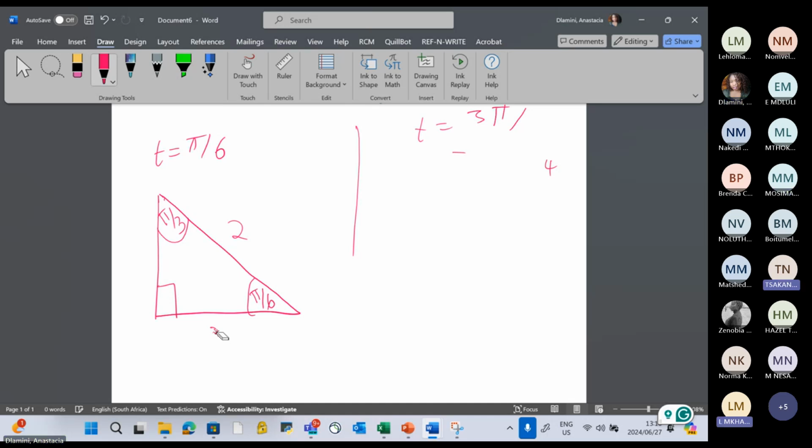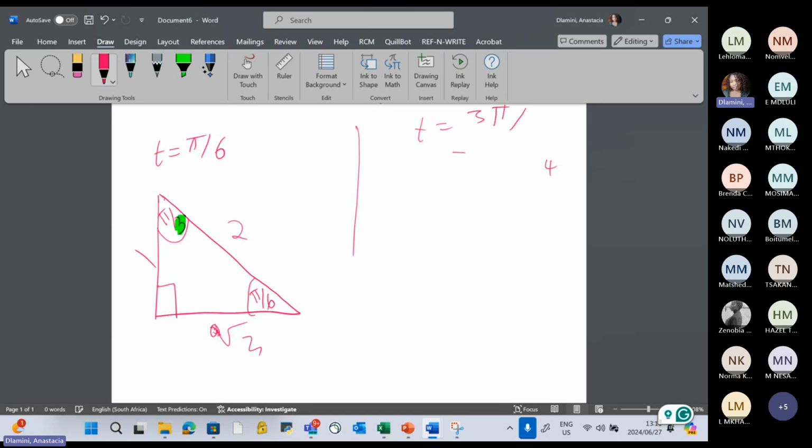It's 1, ma'am. 1 and the square root of 3. On the side opposite to pi over 3, it's root 3. Always remember 1, 2, root 3. And there's only one pi over 6. I always say that, so remember like that.